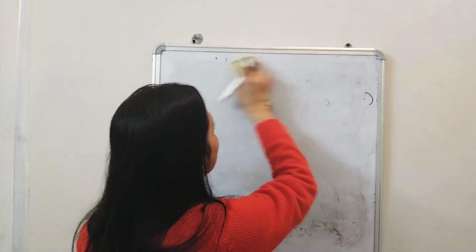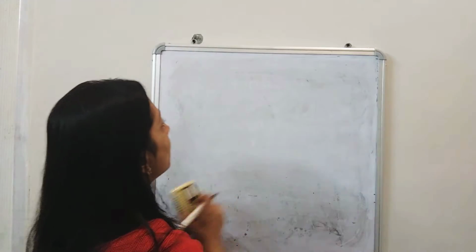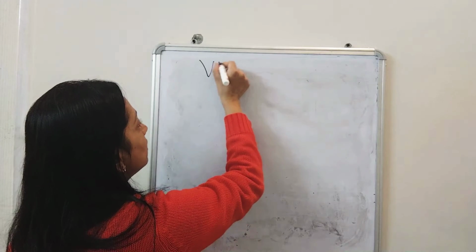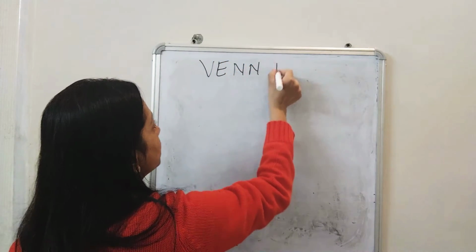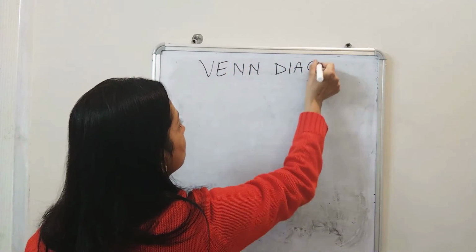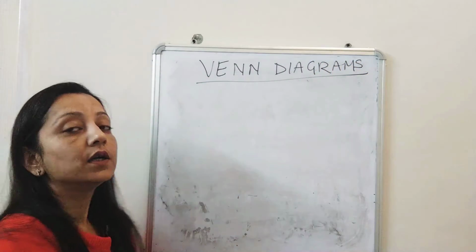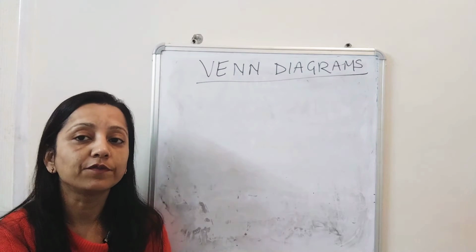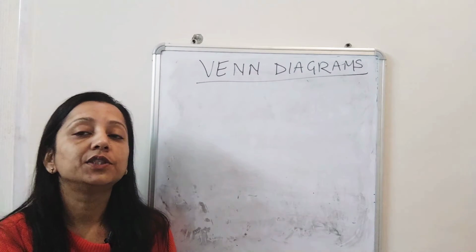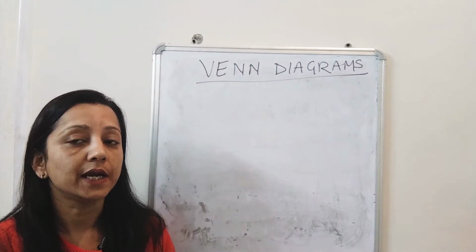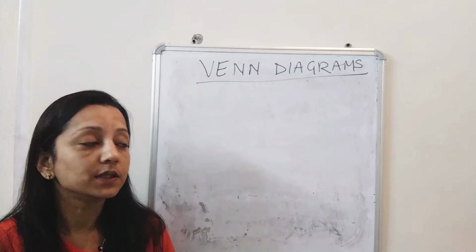Okay, now we move on to Venn diagrams. Now the Venn diagrams are a pictorial representation of sets, or in other words, when I graphically represent a set, that is known as a Venn diagram.